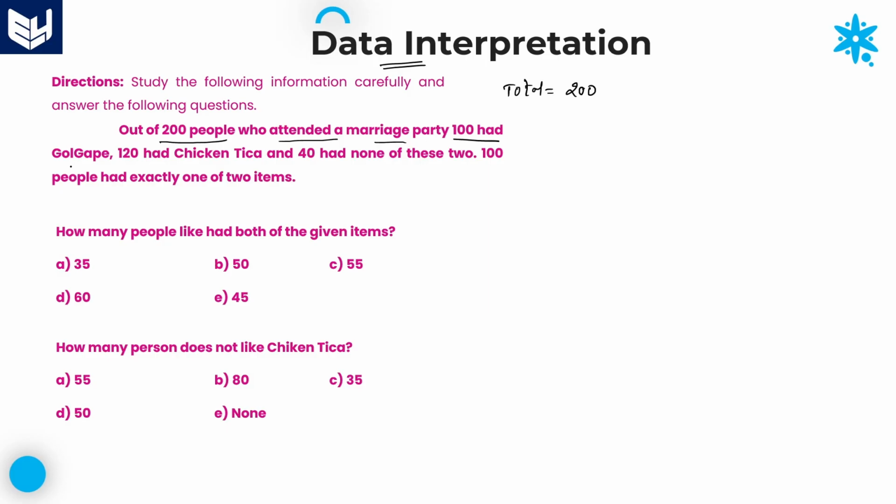100 members had Golgappa, 120 members had chicken tikka. The information is about what food items they had taken. Out of 200 members, 100 members had Golgappa, and 120 members had chicken tikka.